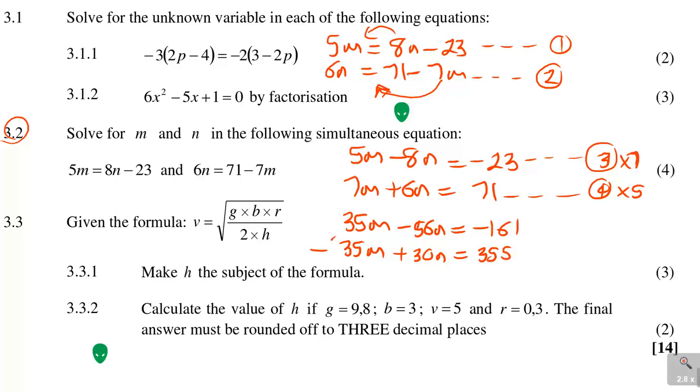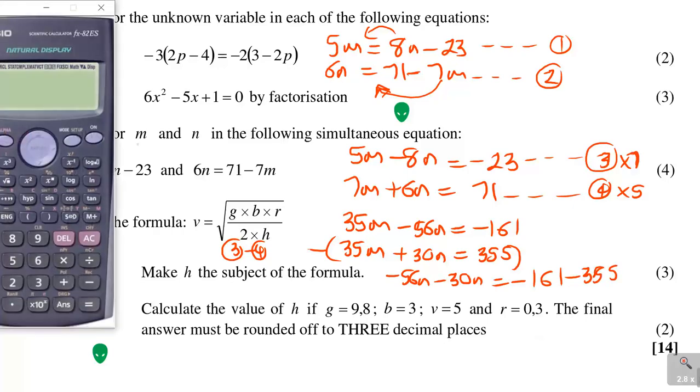Then at that stage, I need to subtract equation 3 minus equation 4. So 35 minus 35 is 0, minus 56n minus 30n is equal to minus 161 minus 355. Because I'm subtracting.